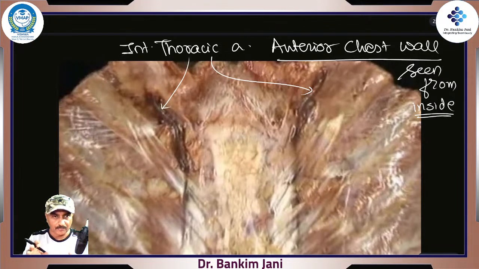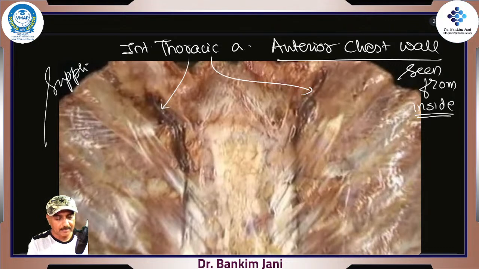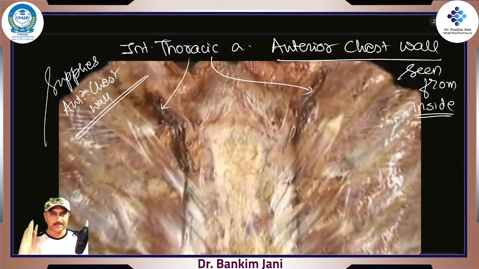So it goes, right? What it will do, it supplies obviously anterior chest wall, right? So it's very simple. It supplies anterior chest wall. So that is the internal thoracic. Now it goes down, right? As we'll see that, see, it goes down, right? It goes here. So there are few muscles which are overlapping it, right? This is transversus thoracis.